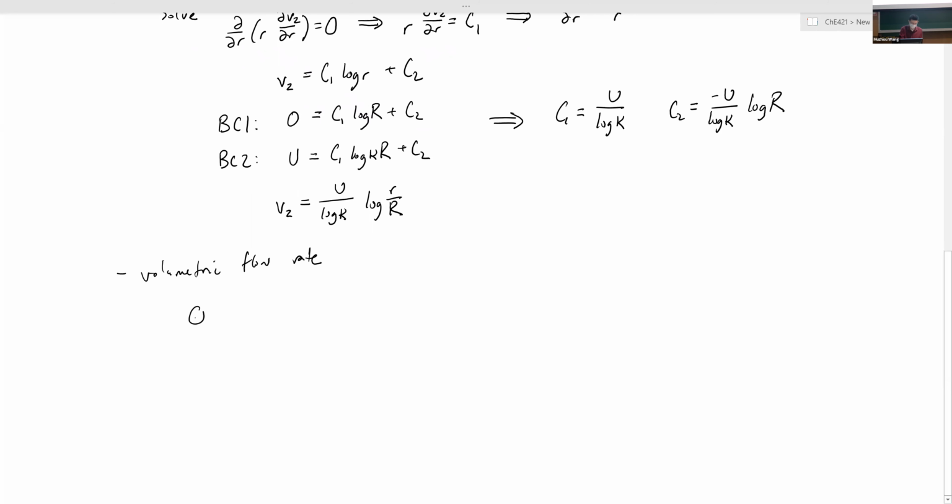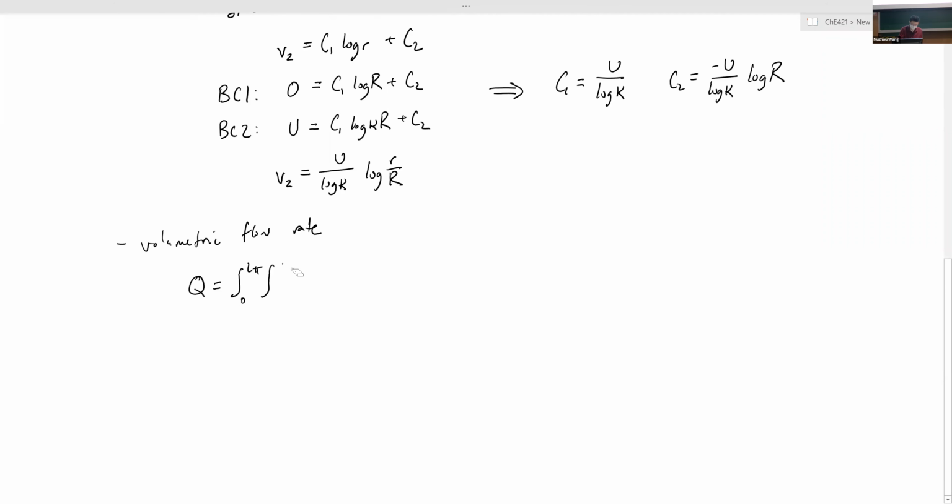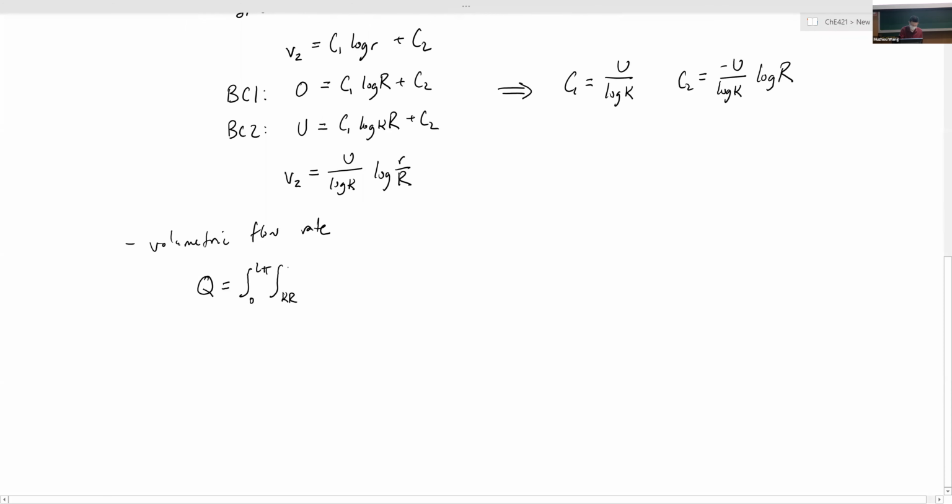That's just the integral of the flux or of the velocity through some surface. In this particular case, that surface looks like this.